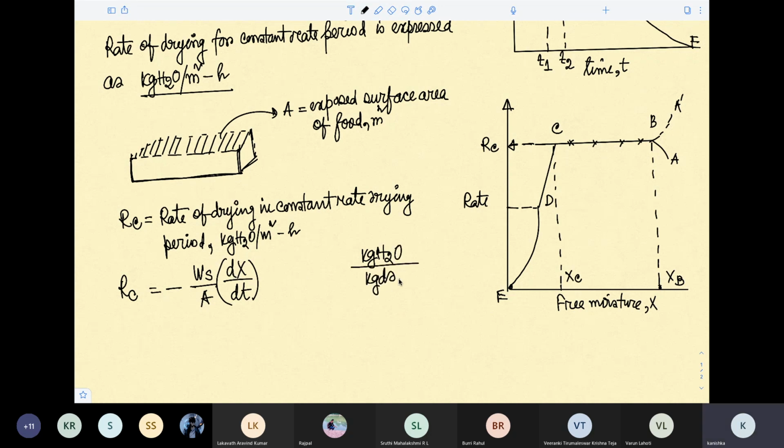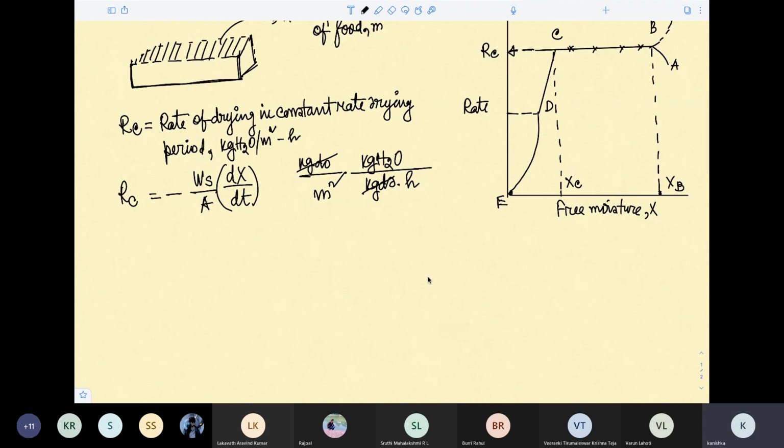This one, dx by time, is per hour. This one is kg dry solid divided by meter square. Kg dry solid cancels out, leaving kg H2O per meter square hour. Clear?